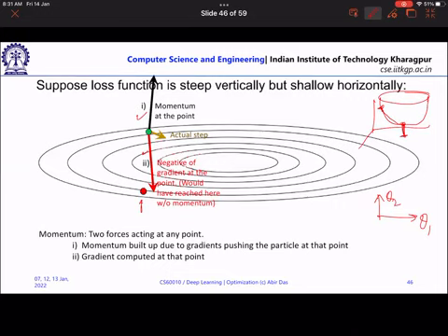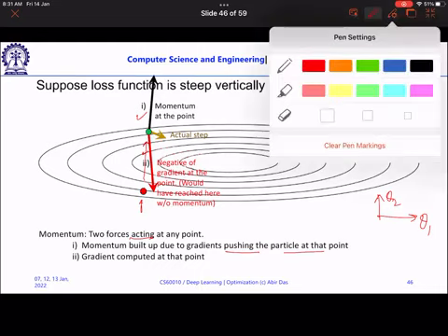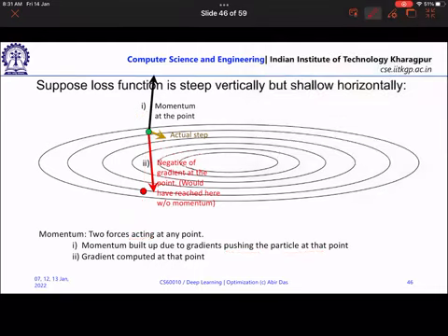If you take that analogy, then you can think that this particle is moving under some forces, right? And there are two players of the forces. That is the momentum built up due to the gradients pushing the particle at that point. So this is one force, and then some new force is coming as the red arrow, right? So the gradient computed at that point.